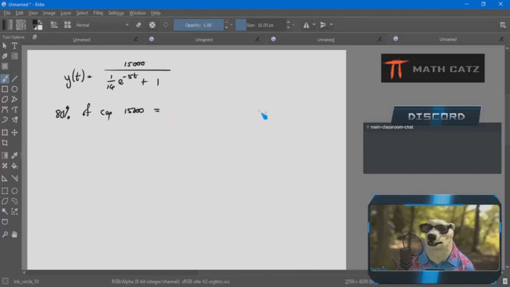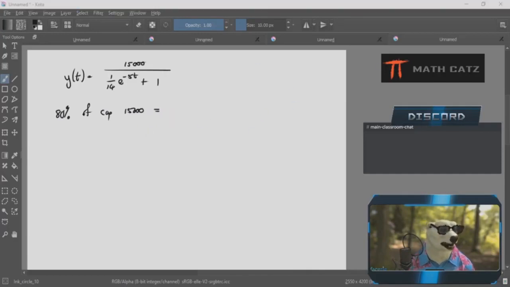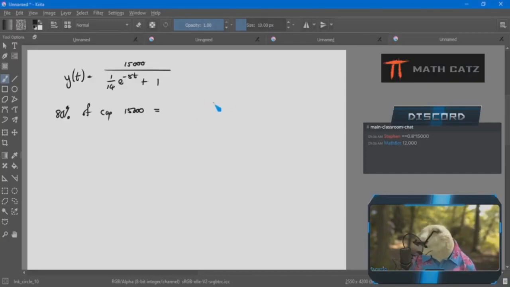So 80% of the capacity, which is 15,000. Let's calculate it so we have something to show in the chat box. But of course, you can do it in your head as well. 0.8 times 15,000, just so MathBot has something to do. And we have a target of 12,000.